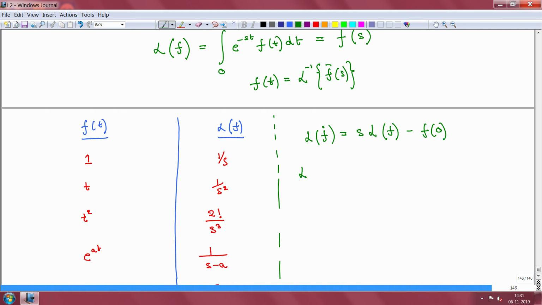The Laplace of f double dot comes out as s square times Laplace of f minus s times f of 0 minus f dot 0.